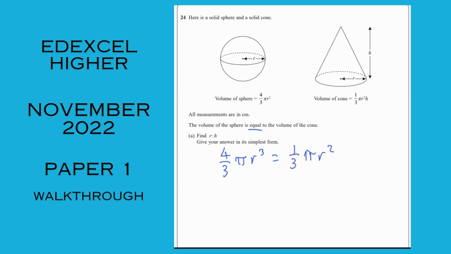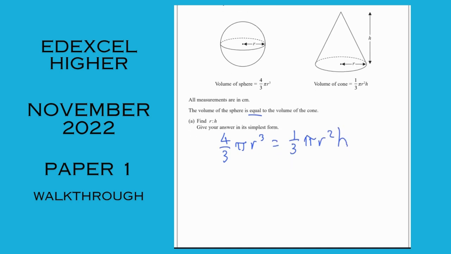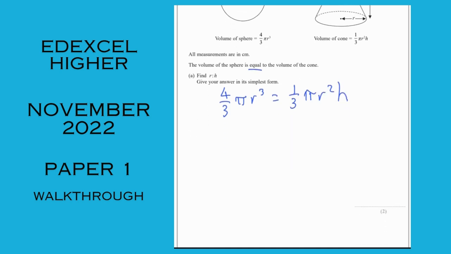Let's see what happens. So first of all, you've got a pi on both sides. Get rid. You've got a third on both sides. Get rid. You've got an r squared on both sides. Get rid. Let's tidy up. 4r equals h.